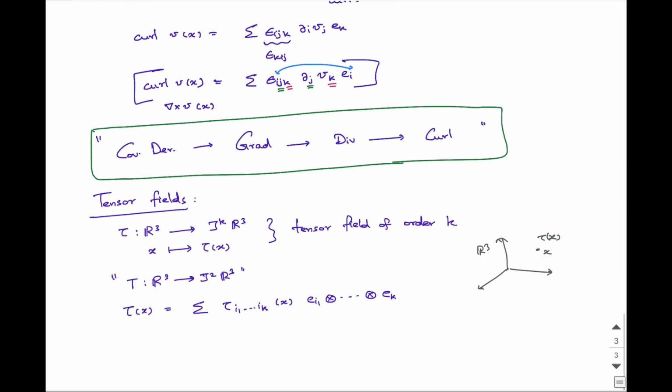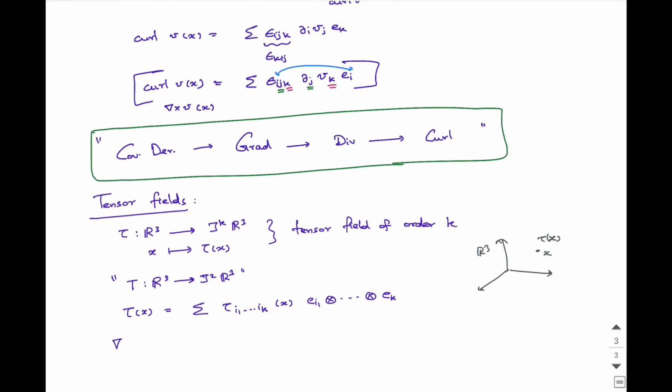Now let's compute the covariant derivative of tau along the direction h at the point x.